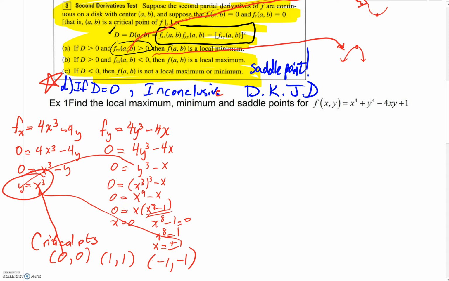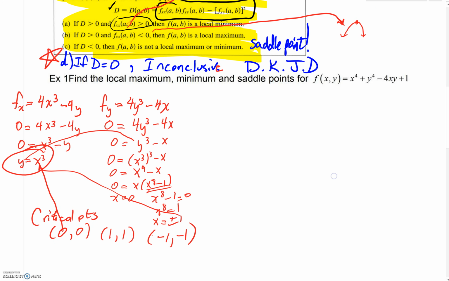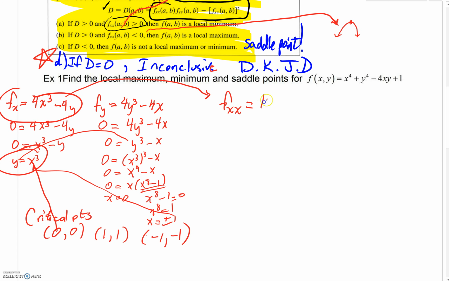So guys, now we have our critical points, but let's go ahead and see what's going on here. We really need to get a second derivative with respect to x. That was right here, and if we take one more derivative with respect to x, you can see we're going to get 12x squared.